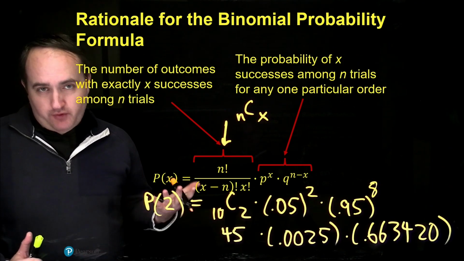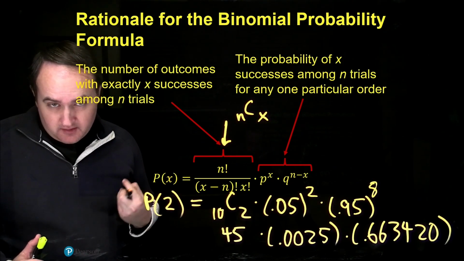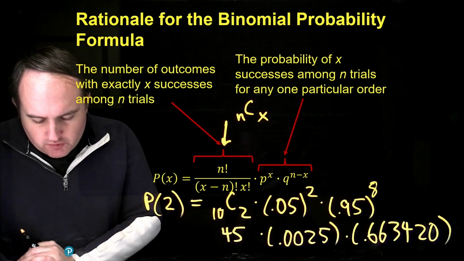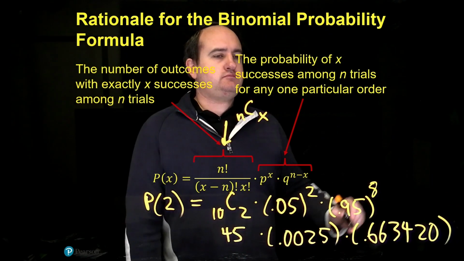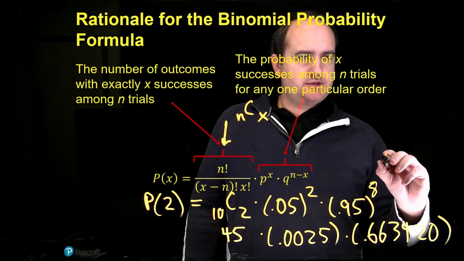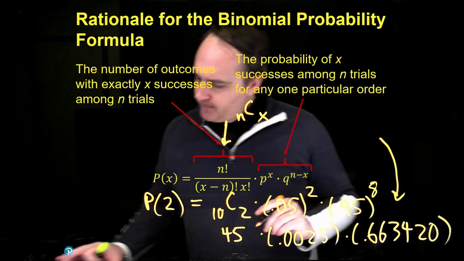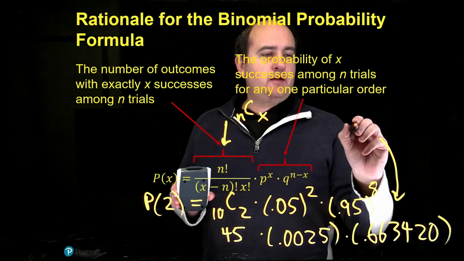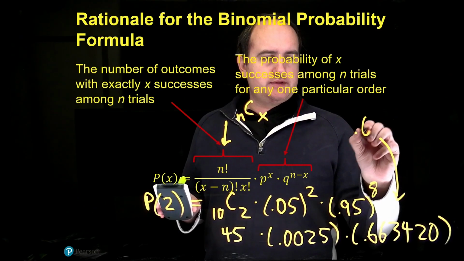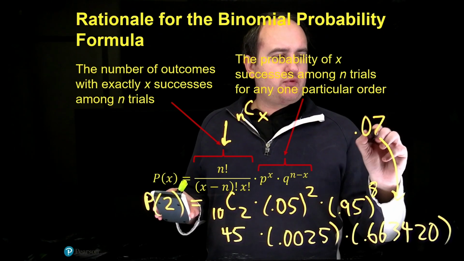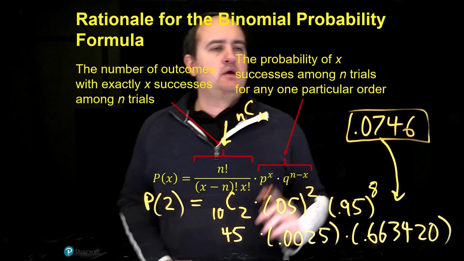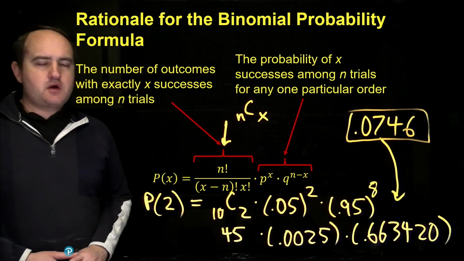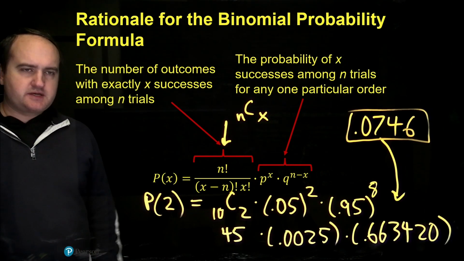And if we follow the 3 significant digits, that rounds to 0.0746. Okay, and there's no room to write it down here, so I'll just write it up here. So for the probability, I have 0.0746. Okay, so that's not too bad.